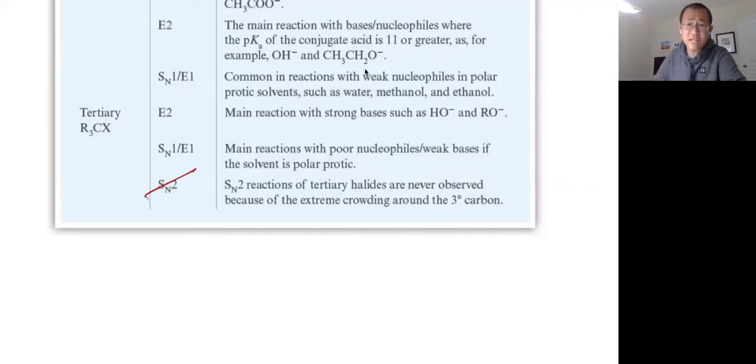If you have a weak base and a weak nucleophile, then you have SN1 and E1. They're both competing. I can't say which one is more. Maybe still substitution is more.